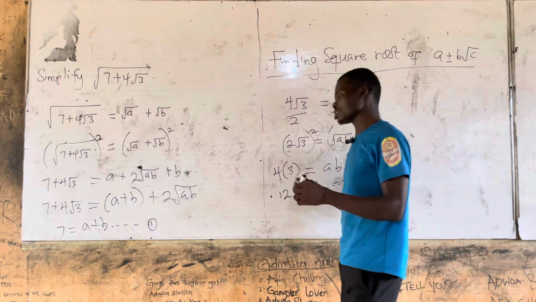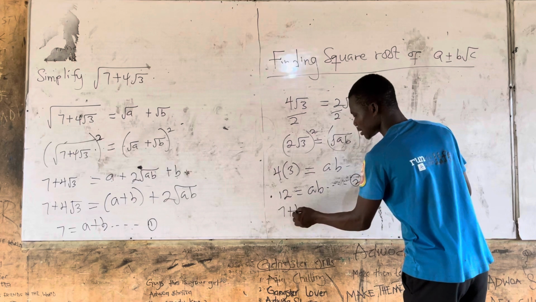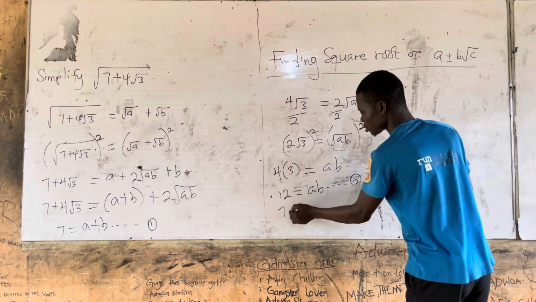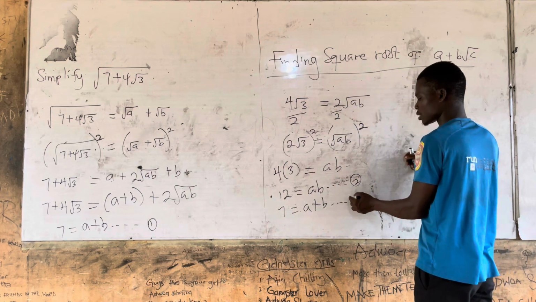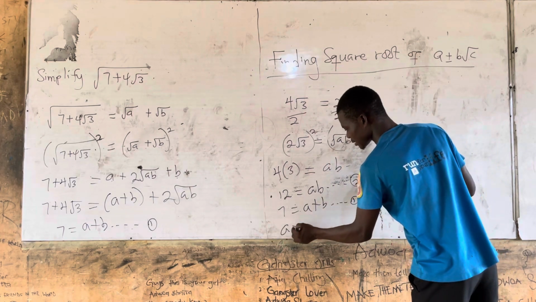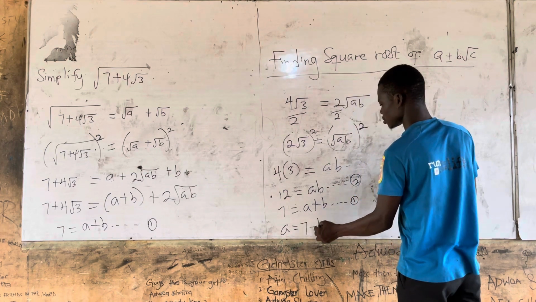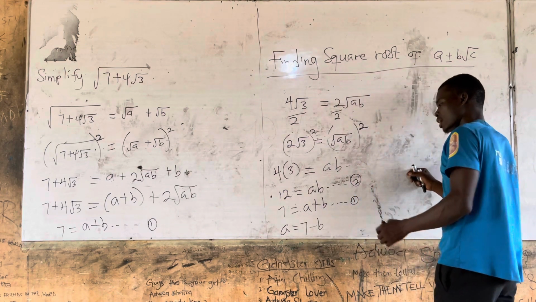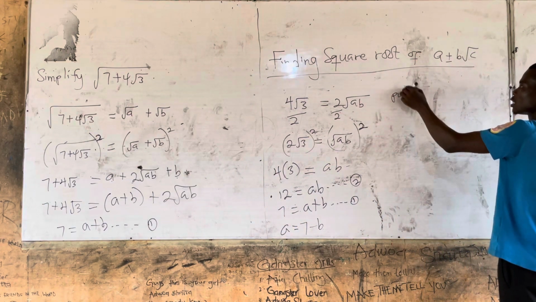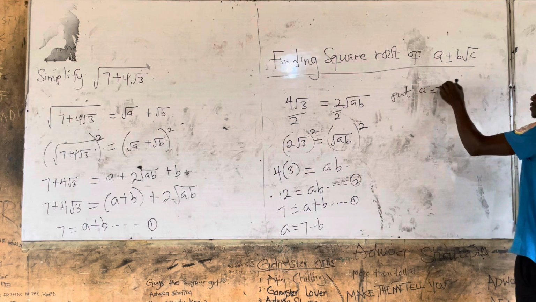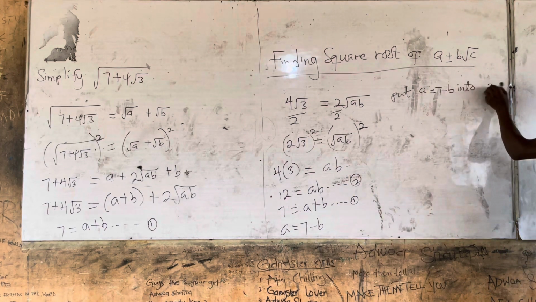So from equation 1, we have 7, sorry, 7 is equal to a plus b from equation 1. Yes. So let's make a the subject. We are going to get a is equal to 7 minus what? B. So let's put a is equal to 7 minus b into equation 2.